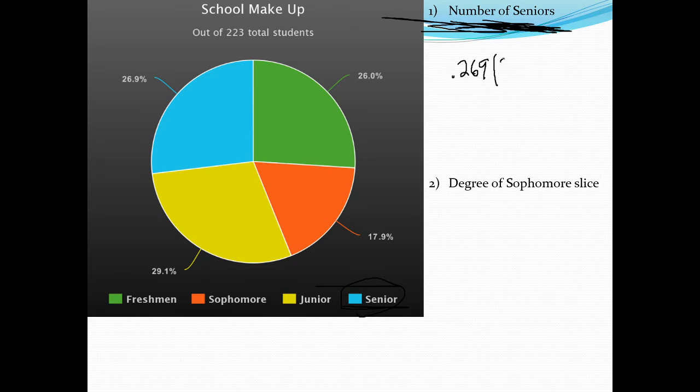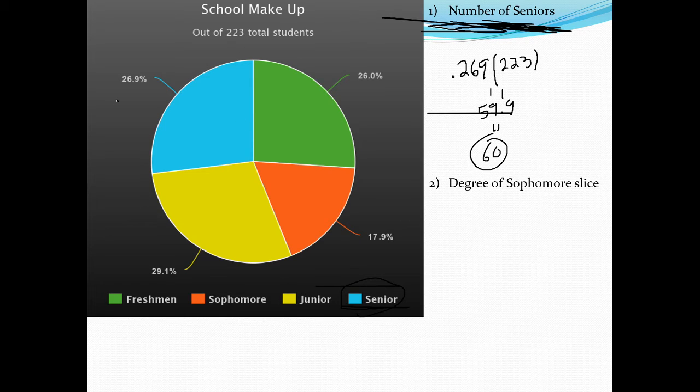So 0.269 times 223. This is basically doing the backwards version of what we just did. That gets me about 59.9, or if I round that like I should, about 60. So that's 60 of the students out of 223 students are seniors.